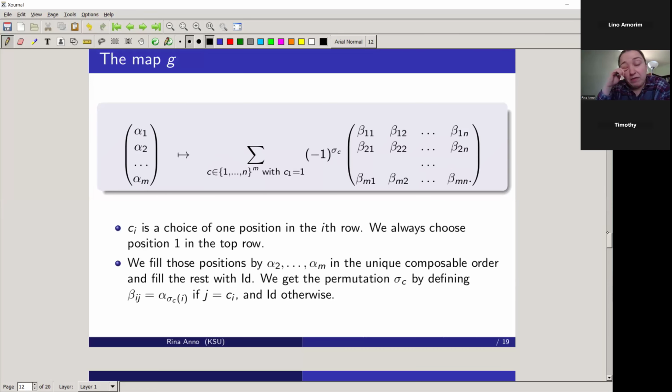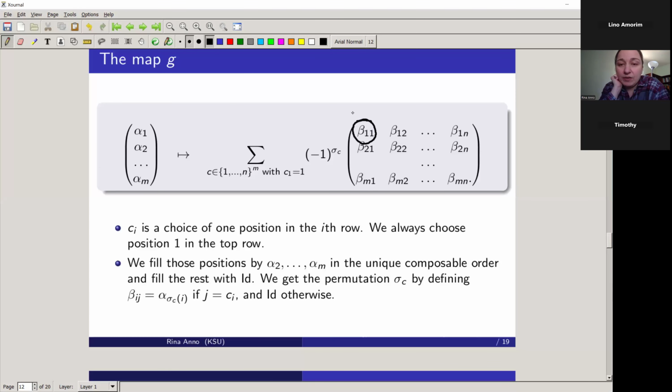And the map G is the map that must take a single column and make a matrix. So what we are going to do is place the entries from this column into the matrix so that every row has exactly one entry. That's one condition. And the second condition is that the one entry in the top row is always going to be in the first place.